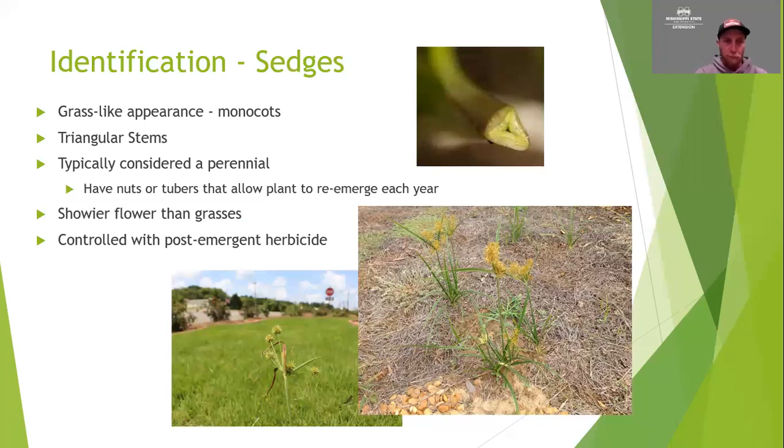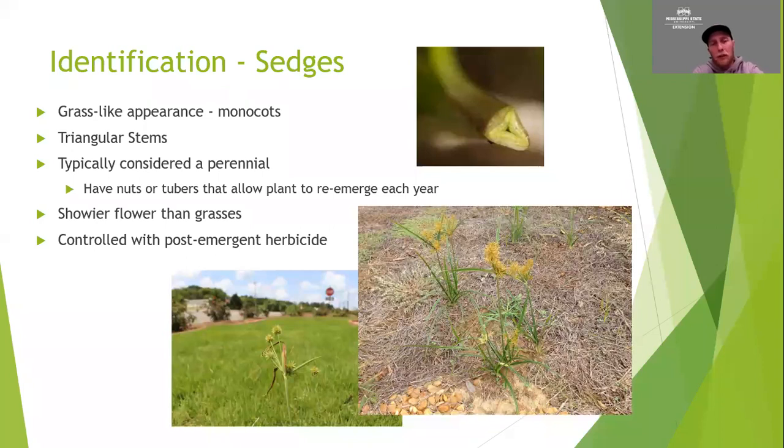along the stems. These are typically considered a perennial, but they typically have nuts or tubers that grow underneath the ground that they resprout from. So we treat them like perennials, even though, unless you live on the coast, they typically go dormant or die back.